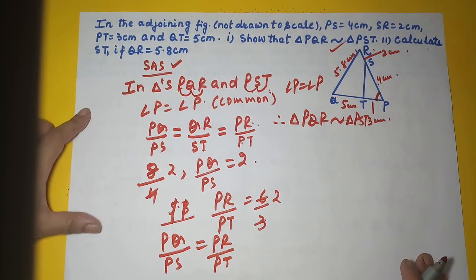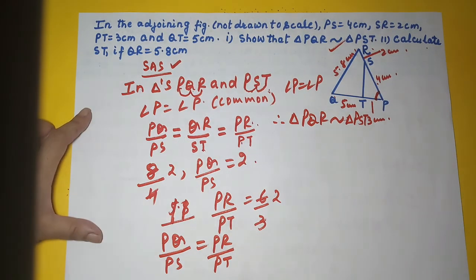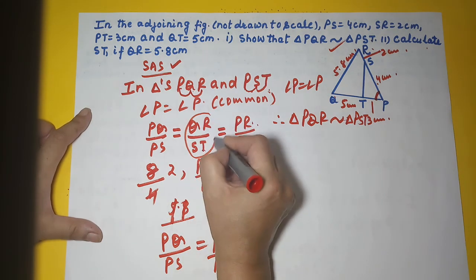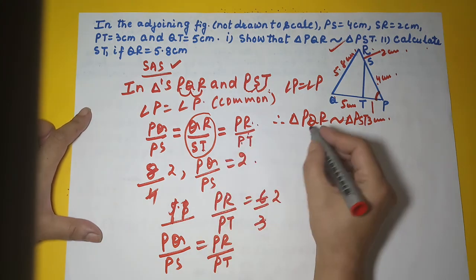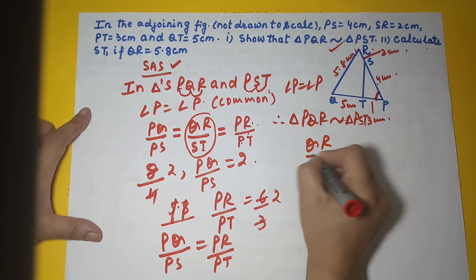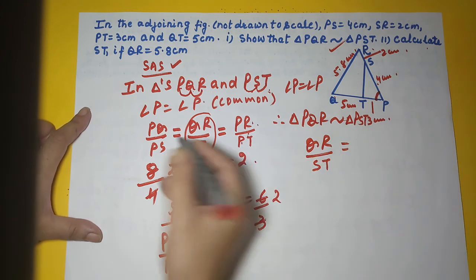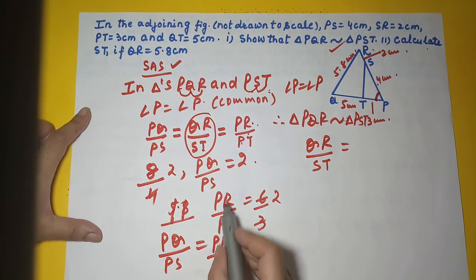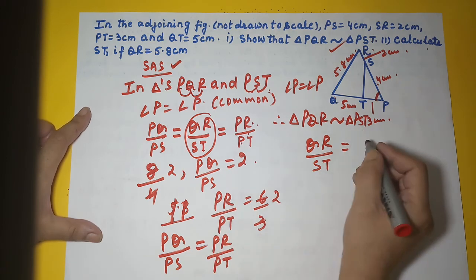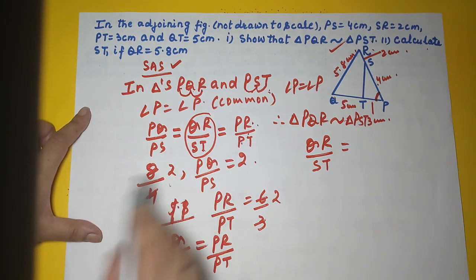Now, the next question is calculate ST. Now, for that, we will take this part along with any of the parts because now we know that this is 2. So, let's take QR upon ST is equal to either PQ upon PS or PR upon PT. PR upon PT we have calculated 2. In fact, PQ upon PS is also 2.